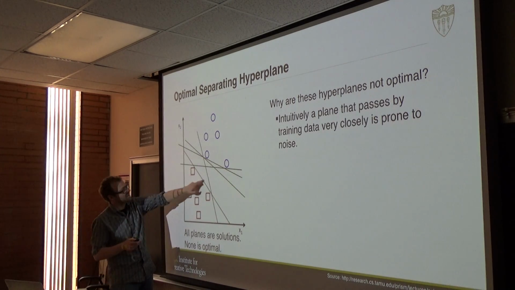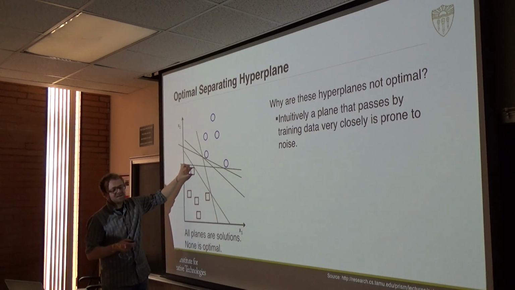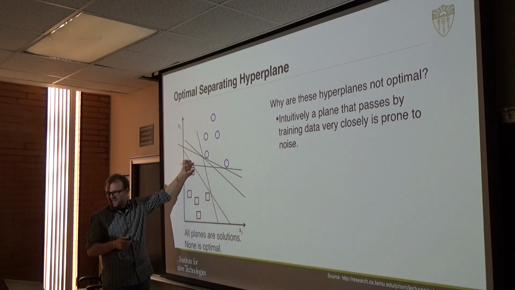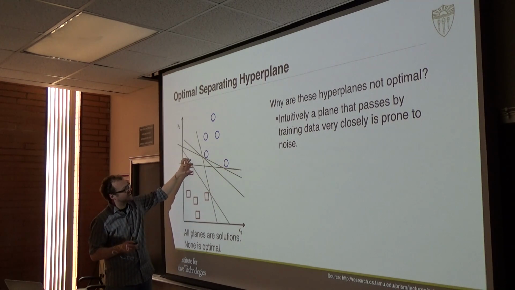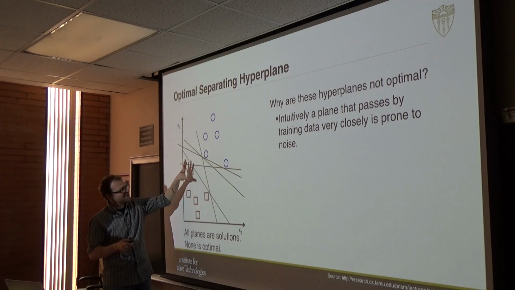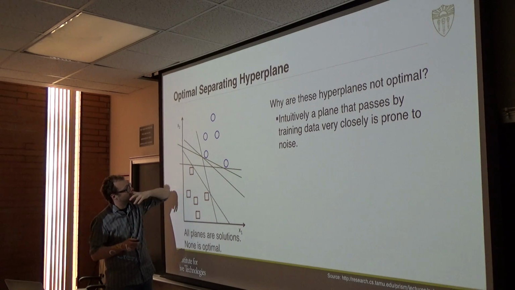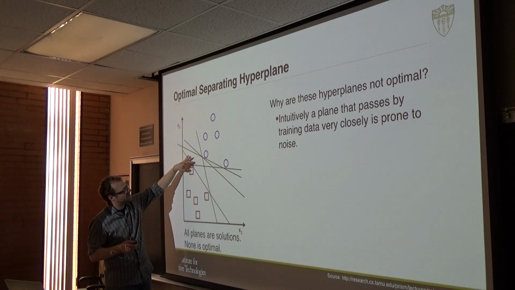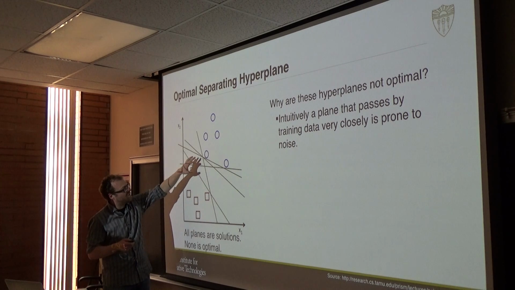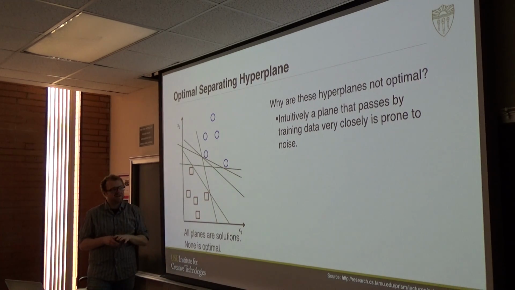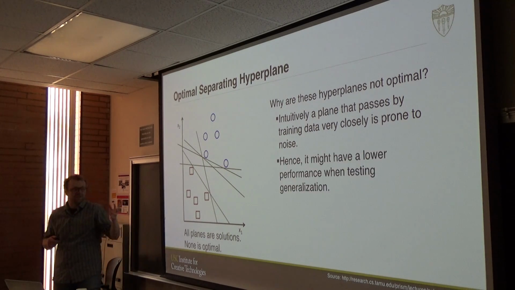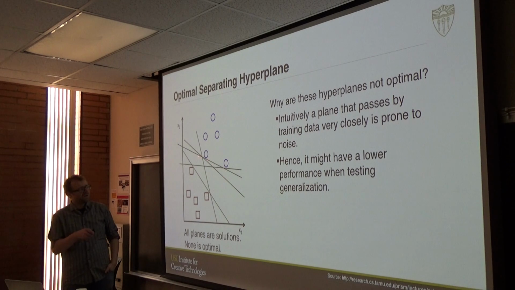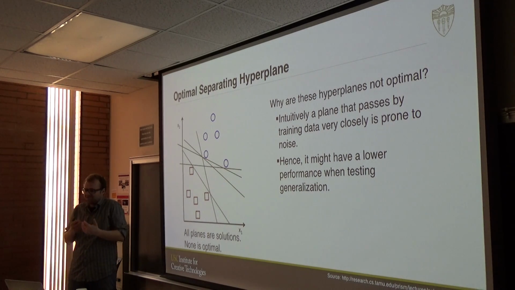Well, if I choose, for example, this one, and this is actually not the right observation, it would be actually here if I had a perfect sensor, or if I had some noise on my data, they would change a lot. So what I want is as much distance between my data points and the separation, so that we are not as prone to noise as we are if they are actually touching. And what does it mean if we're prone to noise?